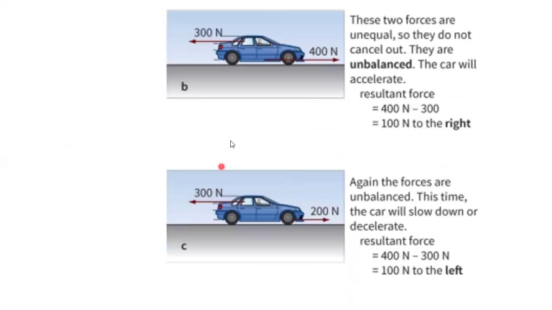The third scenario is the same thing, an unbalanced force, and you can see the resultant force should be 100 newtons to the left side, right? 300, 200 is pulling in this way. So the resultant is 100 to the left.